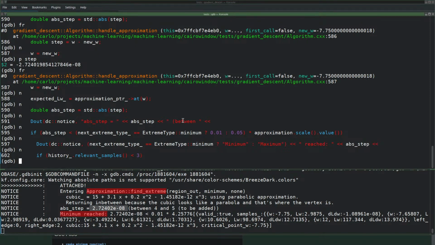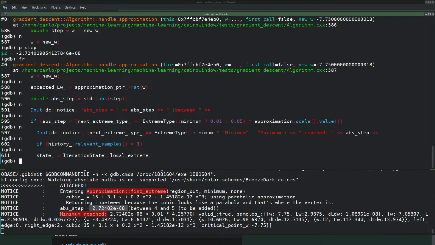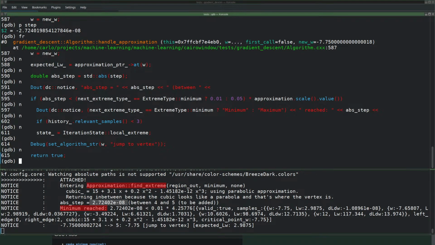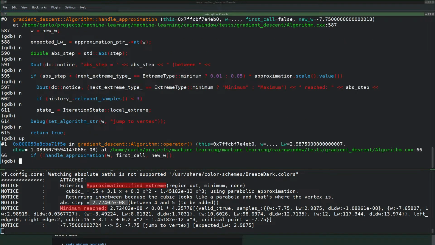And then we're going to toggle, the state becomes local extreme. Return true. To true from what? Handle approximation.